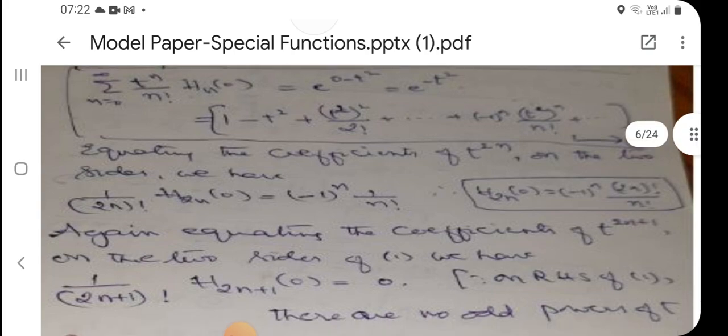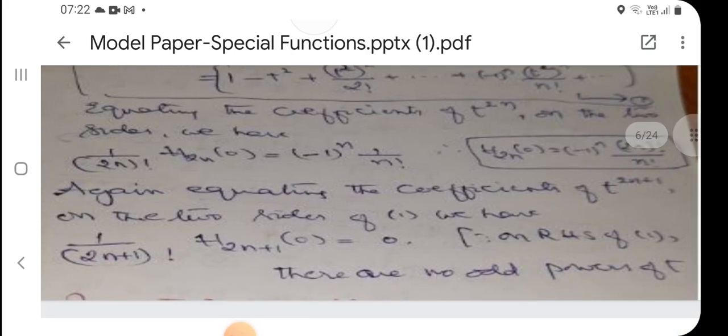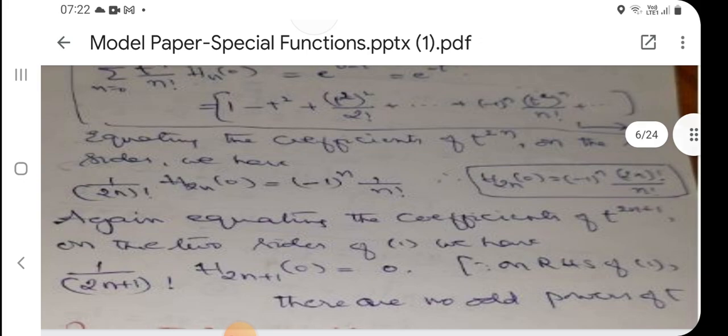Again, equating the coefficients of t^{2n+1} on both sides, we observe that on the right hand side, the terms have only even powers. We have t^2, t^4, t^6 and so on.